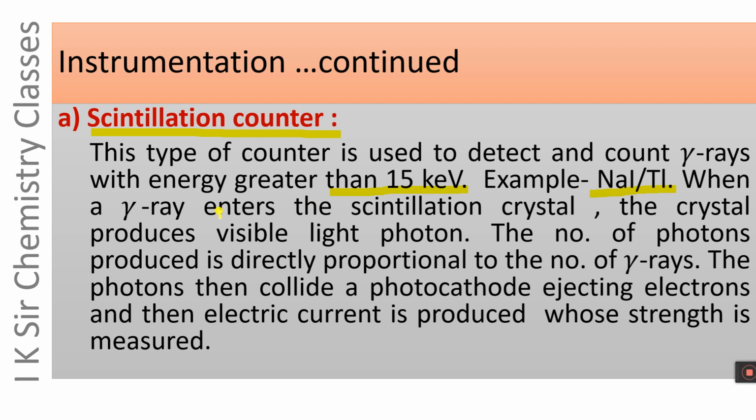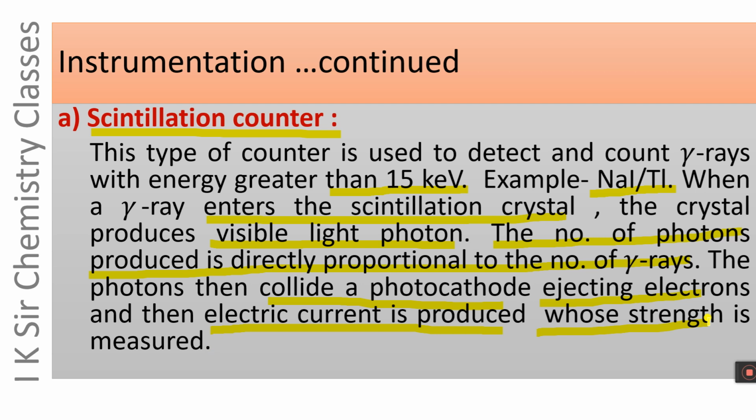When a gamma ray enters the scintillation crystal, the crystal produces visible light, visible photons. The number of photons produced is directly proportional to the number of gamma rays entering the detector. The photons then collide with a photocathode, ejecting photoelectrons, and thus an electric current is produced whose strength is measured.